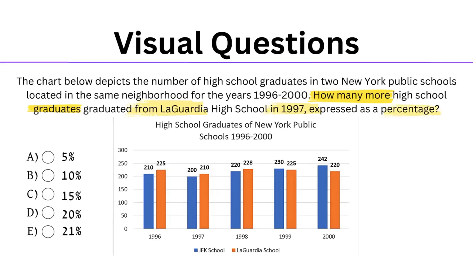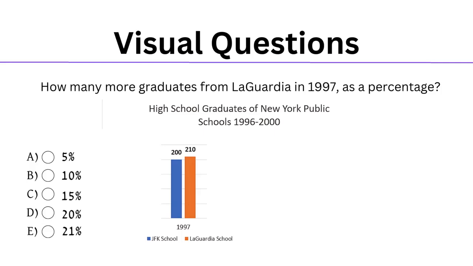So the first thing we can do is cross out all the irrelevant information from the chart. Now we can see LaGuardia has 10 more graduates, but the question and all the answer options are in percentages. Now it's important to remember this question is not measuring your mathematical ability, so the numbers are usually very easy.